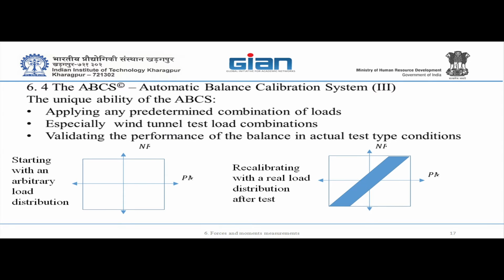You see, on the left, the initial calibration range, and after the test, imagine that the blue area is your histogram of the testing. So you take those points, refeed the machine with the balance, and recalibrate. That will give you much better results.